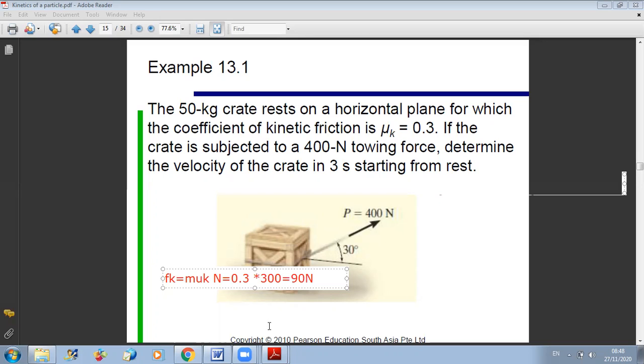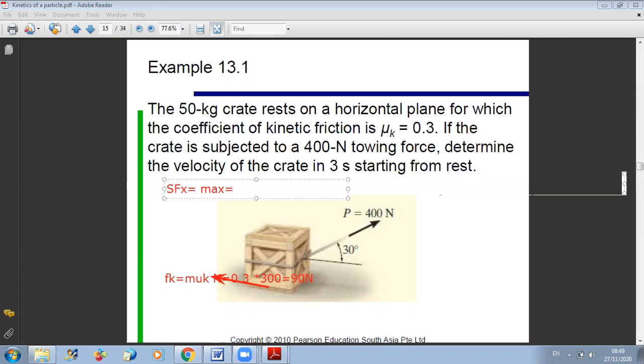Now what they asked me in this problem: determine the velocity of the crate in 3 seconds starting from rest. Since I need velocity, I should first find acceleration. As I told you, you can first find acceleration from Newton's law, then apply all relations we learned in the chapter of kinematics to find velocity, position, and anything you want. First we apply the second law of Newton: the sum of forces along x equals m ax.